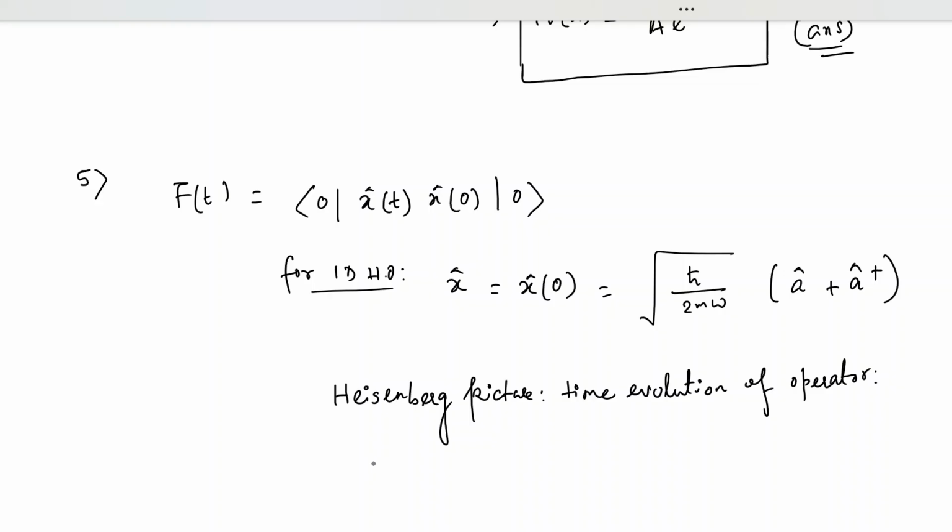So from there you know that your operator a cap at t will be your operator at t=0 times e to the power of minus i omega t.